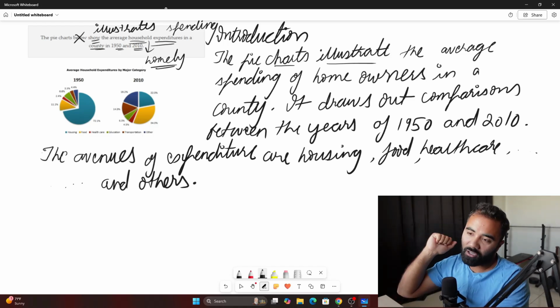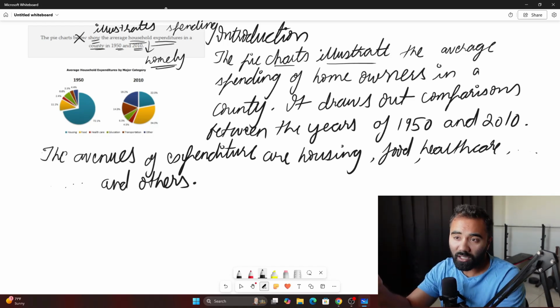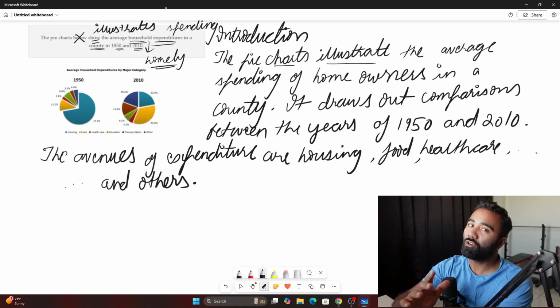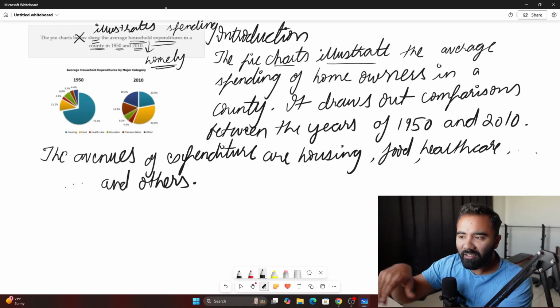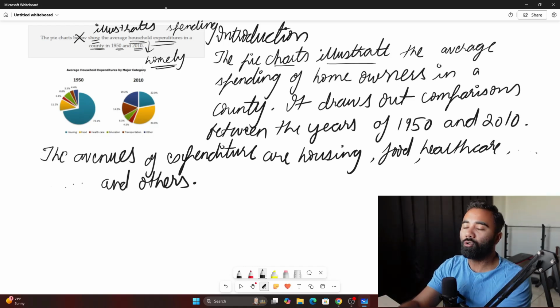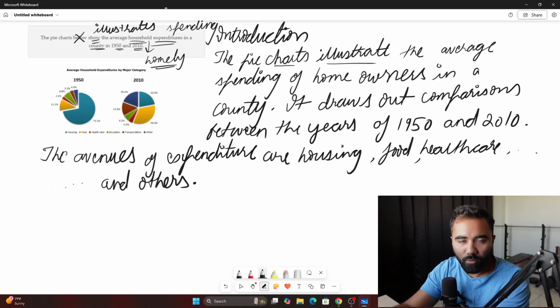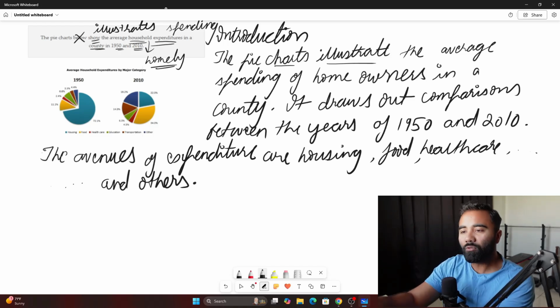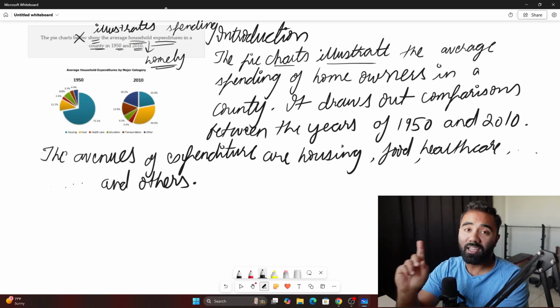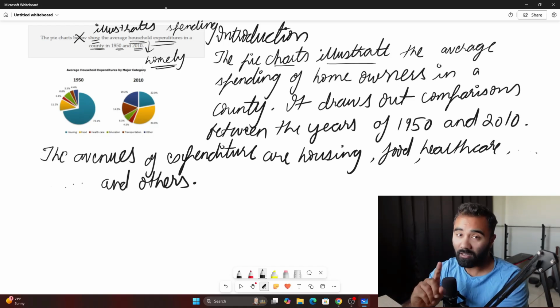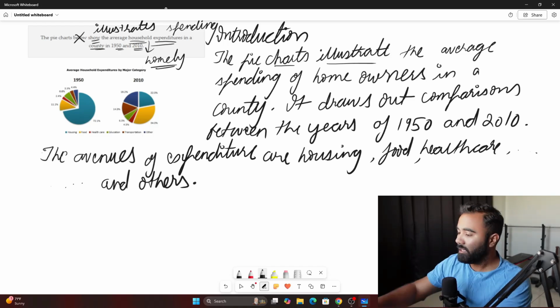Do not try to flex too much of your vocabulary in the introduction. If you have a good vocabulary, it will inevitably show up in your writing. You don't need to forcefully include those words. If you deliberately have to include fancy words in your writing, then you do not have a good vocabulary. All you have is a good memory and a good memorized list. Okay. So in the next part, we write the overview statement.